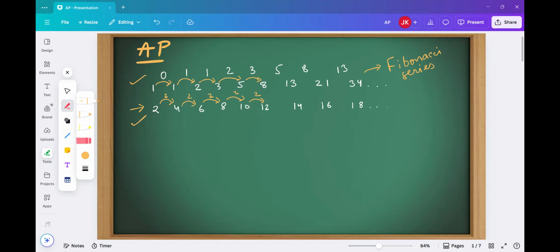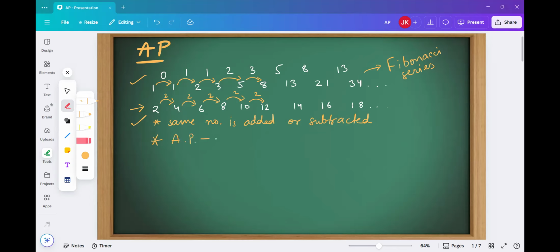Such a sequence, where the same number is added or subtracted, either the same number is added, or the same number is subtracted, is called an AP.